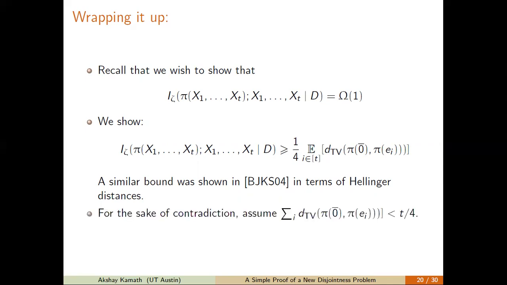So if the sum of the total variation distance terms here was t over 4, we would have proven the lower bound on the conditional mutual information term up there. So let's assume for the sake of contradiction that the sum of these terms is less than t over 4.